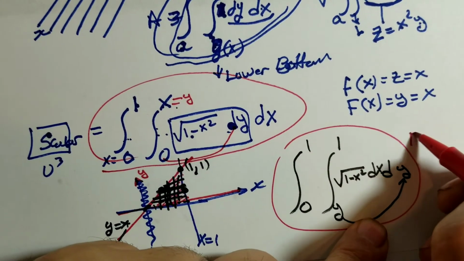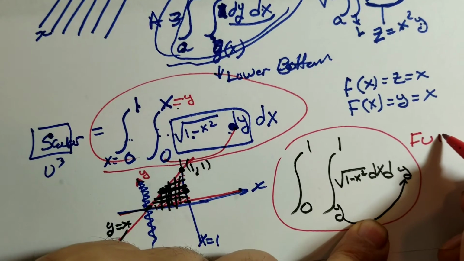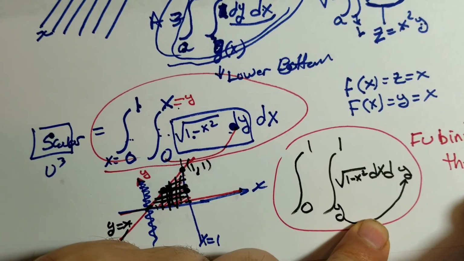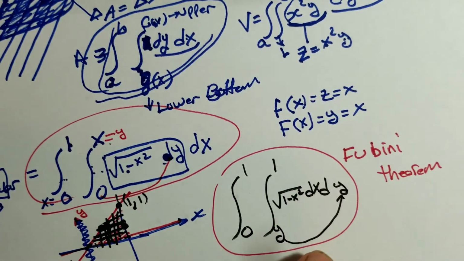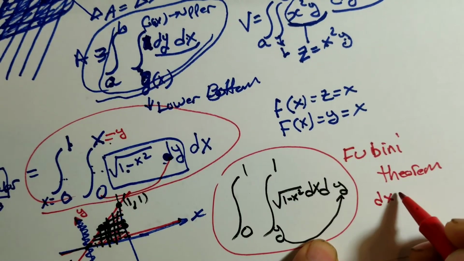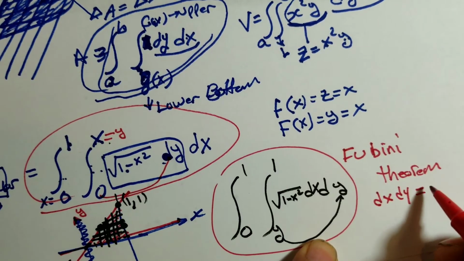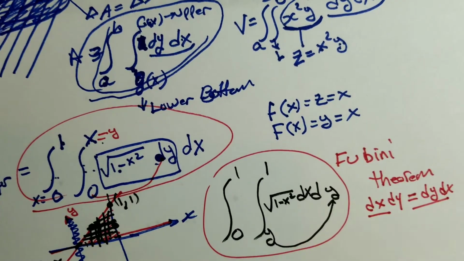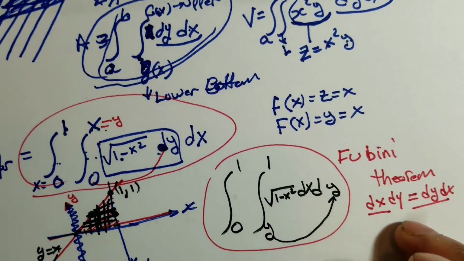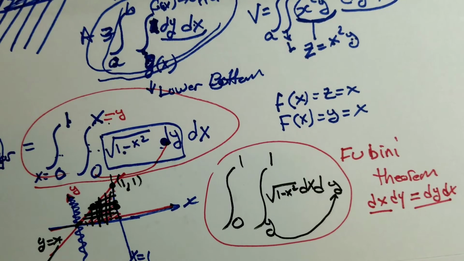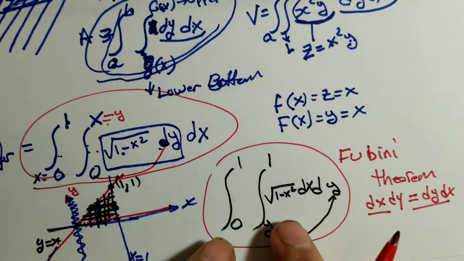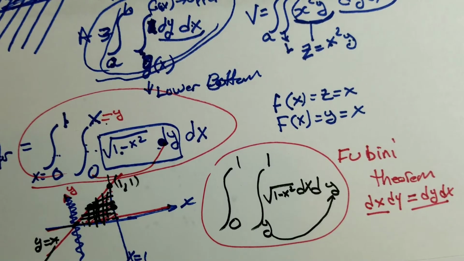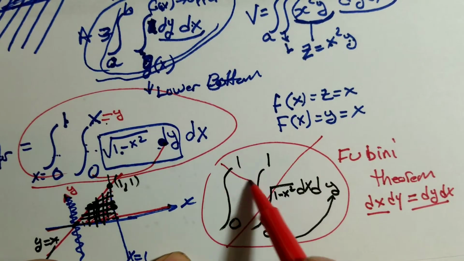The person who invented this was Fubini, and this is called Fubini's theorem. It means that dx dy is exactly equal to dy dx by changing the limit of the integration. But what is the difference between these two in doing the double integral? This is impossible to do.